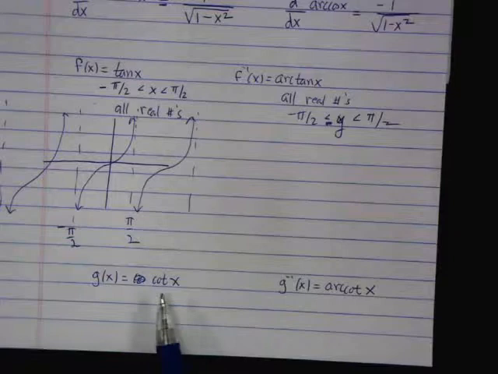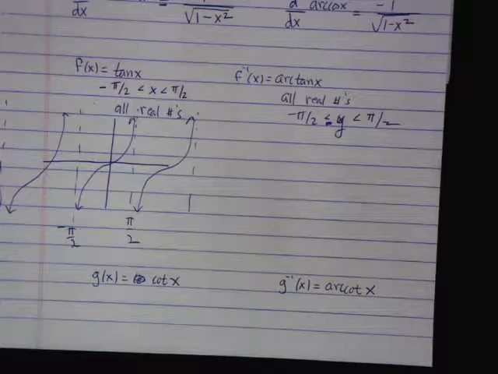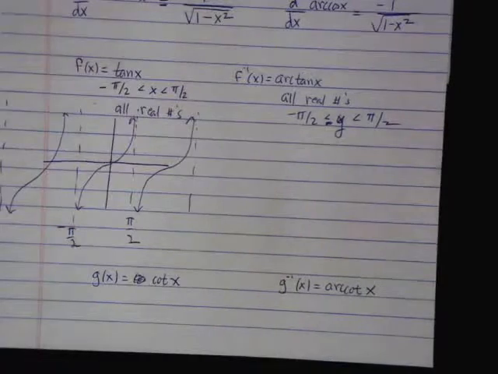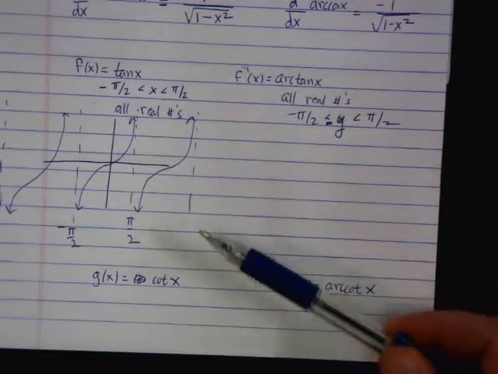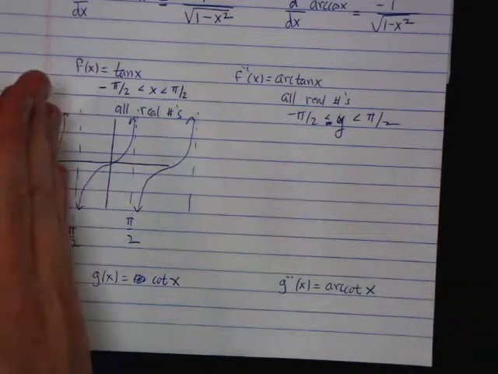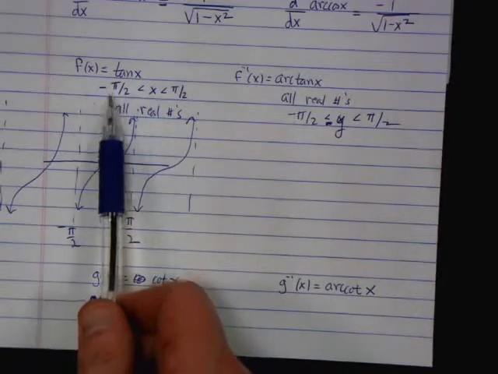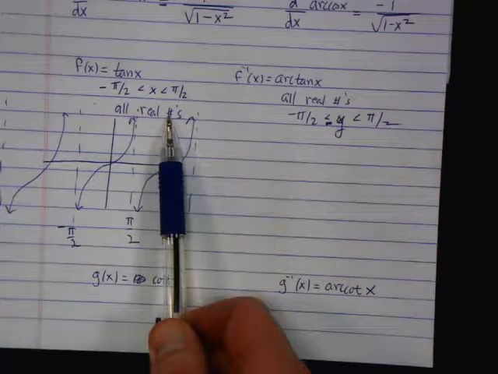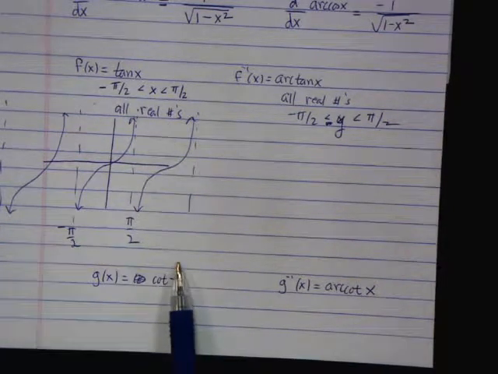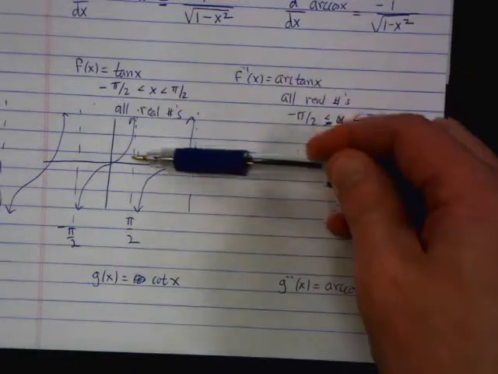All right, how about cotangent? What does the graph of cotangent look like? Just shifted over. The same as tangent, shifted pi over 2, and instead of being increasing, they are decreasing. So the cotangent graph is shifted over by pi over 2, which means the asymptote's going to be at 0, and the next asymptote's going to be over here at pi, and the graph is decreasing.